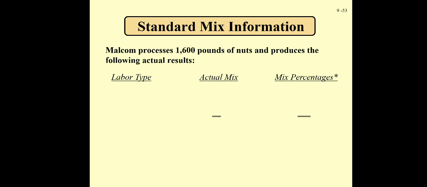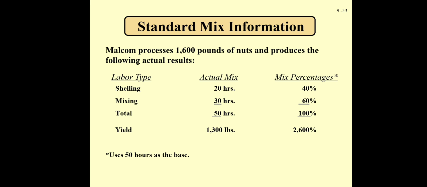Malcolm processes 1,600 pounds of nuts and produces the following actual result. This is related to the process, I think. Shelling and mixing is the process.